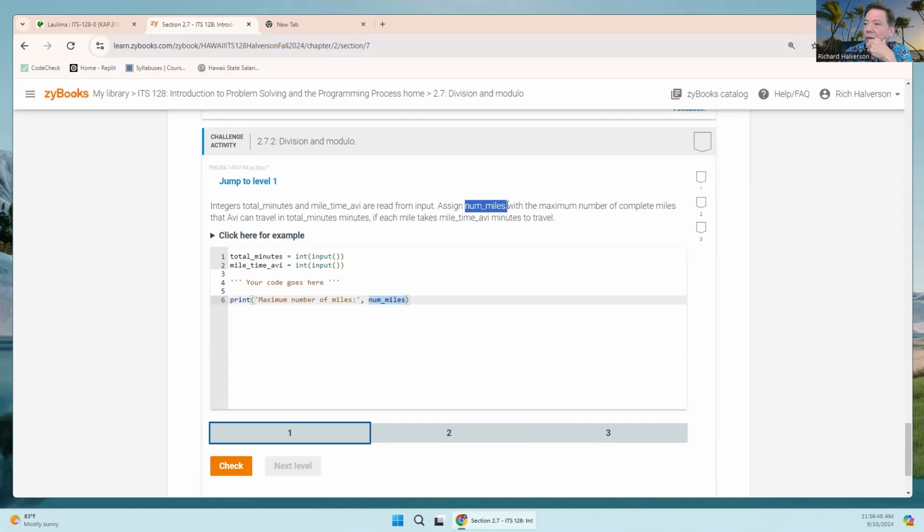Assign num miles to the maximum number of complete miles that AVI can travel in the total minutes if each mile takes mile time AVI to travel. Let's see what that is.